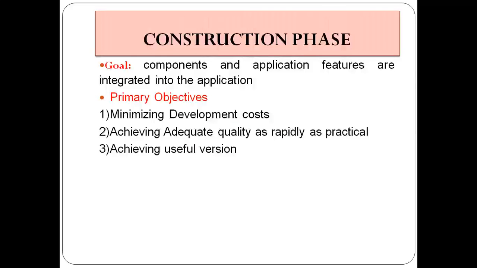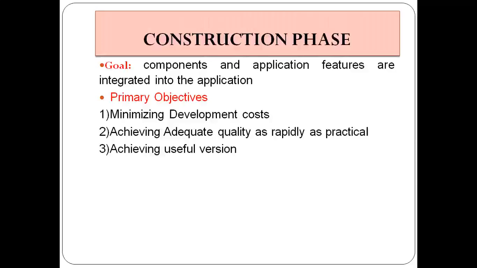The main objective of our construction phase is to minimize the development cost. How they are going to do that is by optimizing the resources and by avoiding unnecessary scrap and rework. The next primary objective is that they have to achieve adequate quality as rapidly as practical.